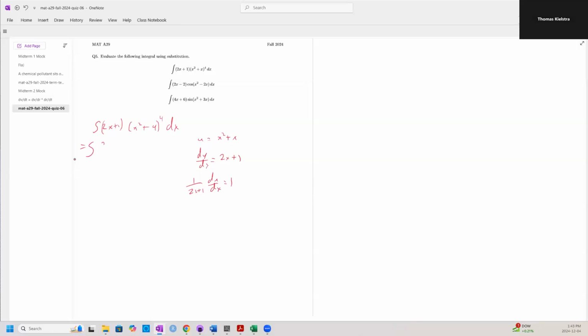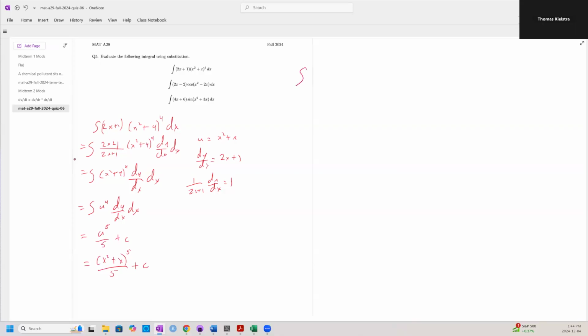So this equals the integral of (2x plus 1) over (2x plus 1) times (x squared plus x) to the 4 du by dx dx, which equals the integral of u to the 4 du by dx dx, which equals u to the 5 over 5 plus c, which equals (x squared plus x) to the power 5 all over 5 plus c, which is nice.